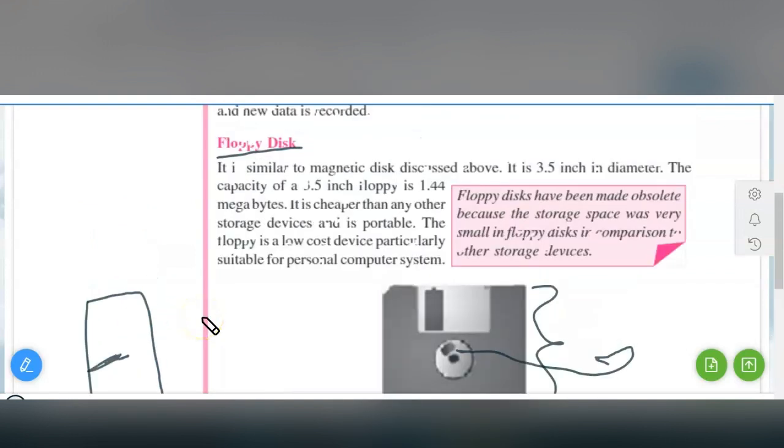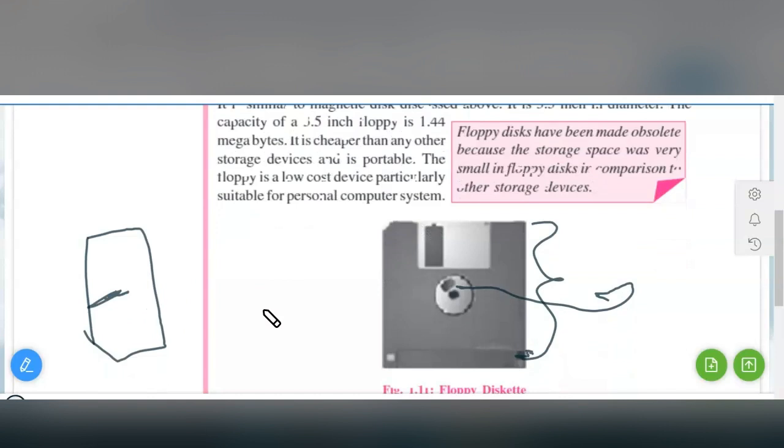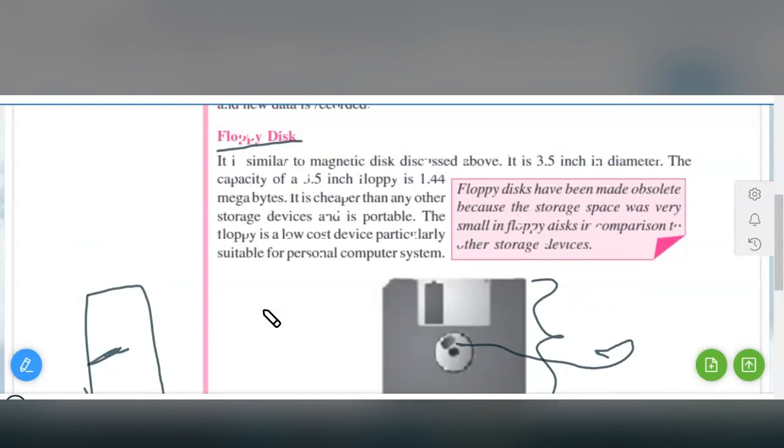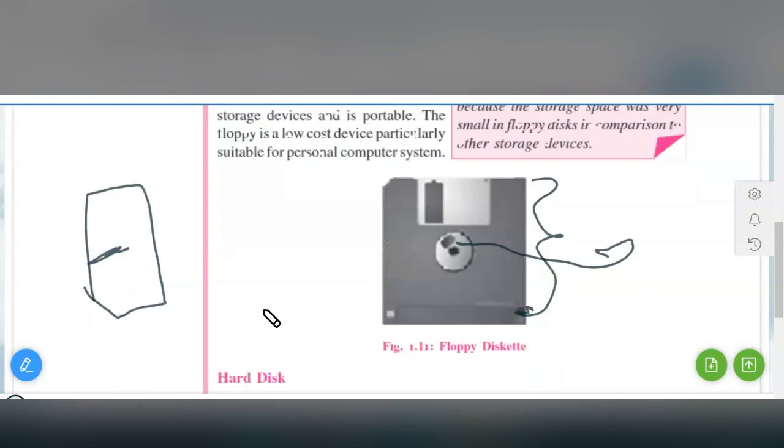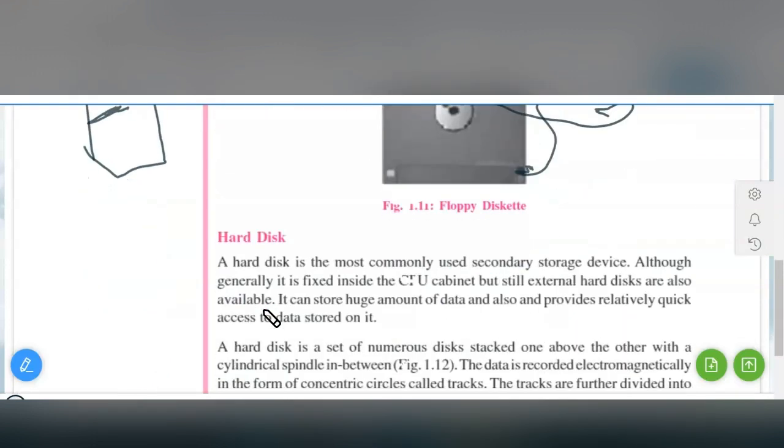That is how floppy disks used to work, but they are not in much use nowadays. Pen drive has taken its place. Floppy disks were portable, you could carry them anywhere, but they were much bigger than a pen drive.